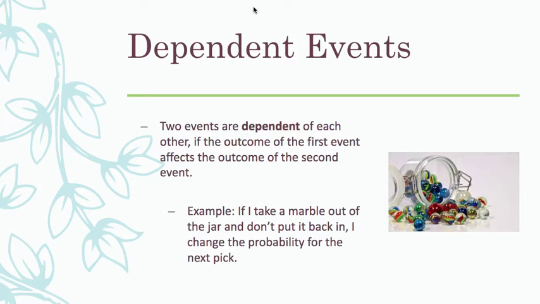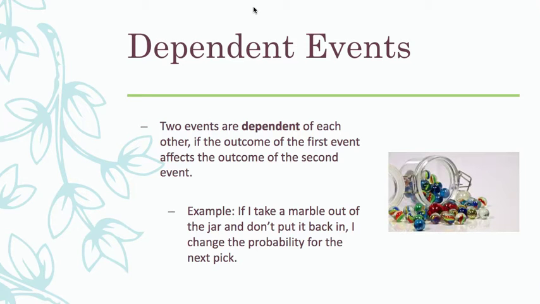An example of this would be if I take a marble out of a jar and don't put it back in, then I change the probability for the next pick. So let's say I have a jar that has 10 red marbles in it and 15 blue marbles in it.